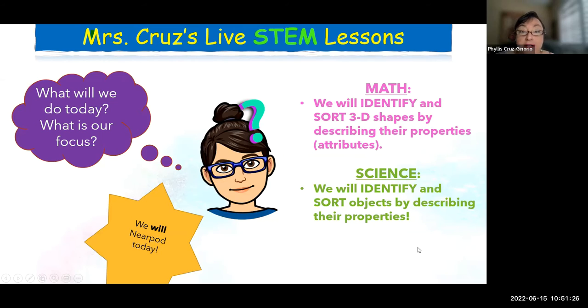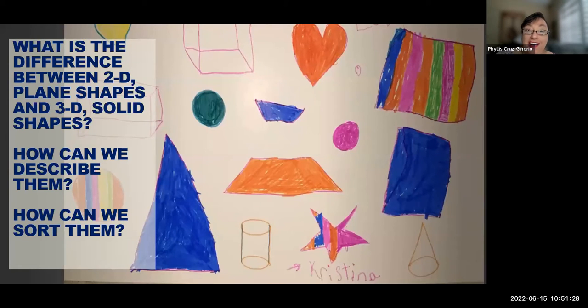All right, we're going to Nearpod. But before we do, I had this beautiful picture I received from a student last year. And I love this picture because it shows both 2D, we learned about 2D, flat shapes, and she's included some 3D solid shapes. Wait a minute, she knows the difference between the shapes? Yeah.